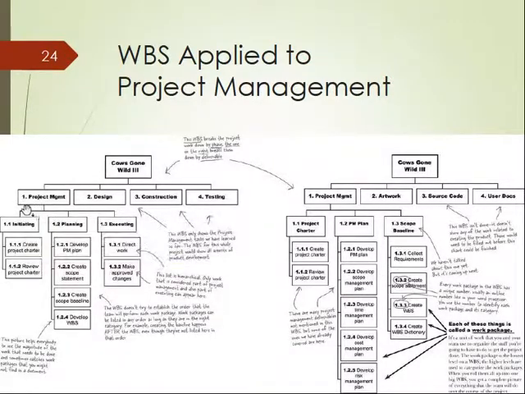One way is to break it down into 4 parts: project management, design, construction, and testing. This division is more by the task that you can do. And the other one, on the right hand side, is divided by the work products.